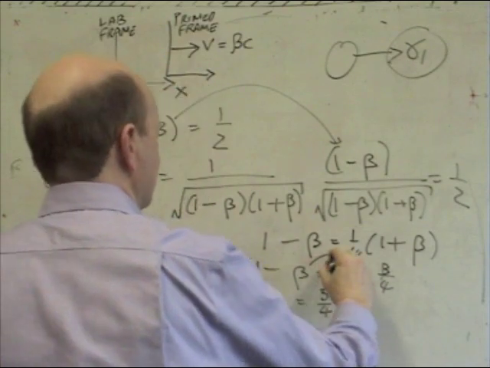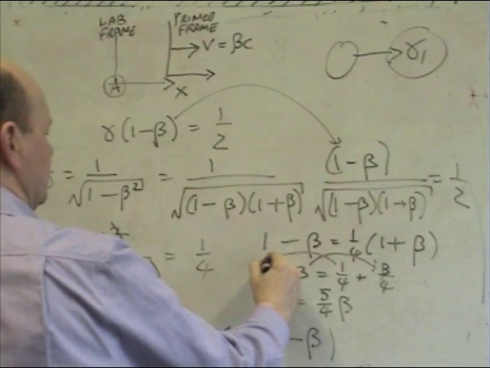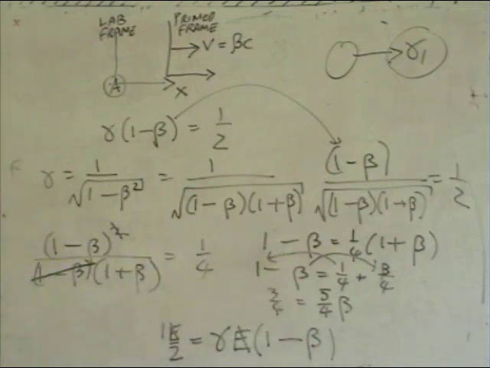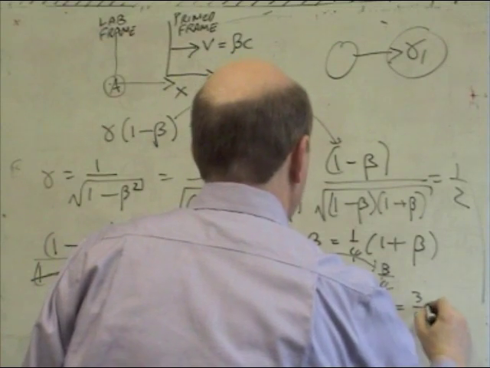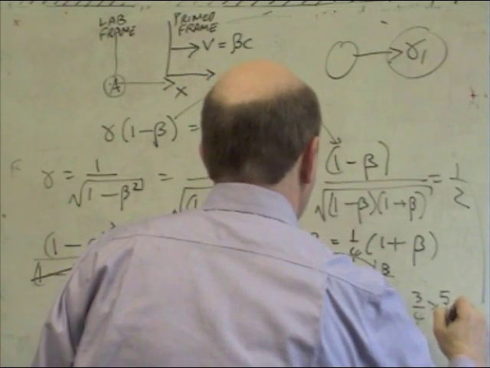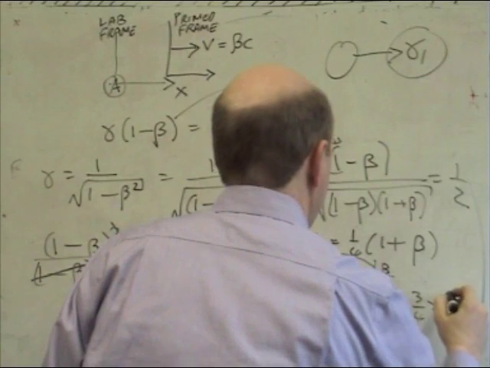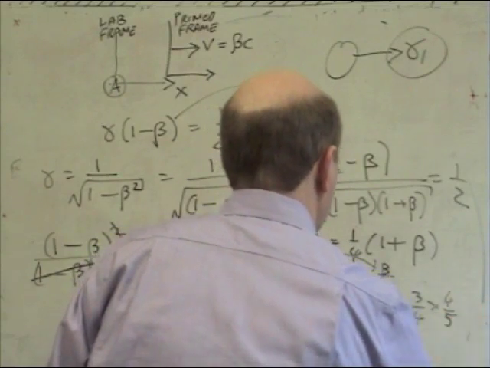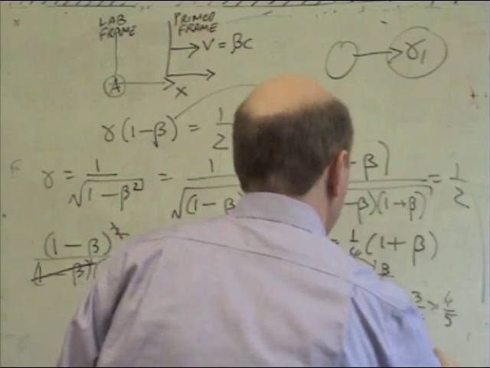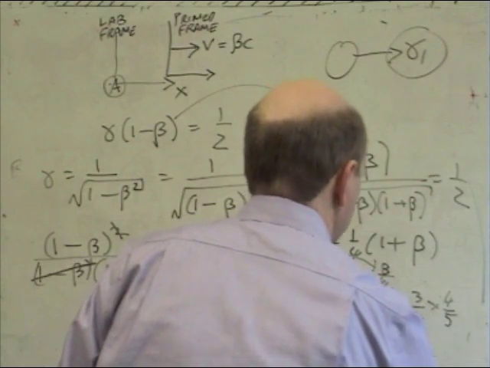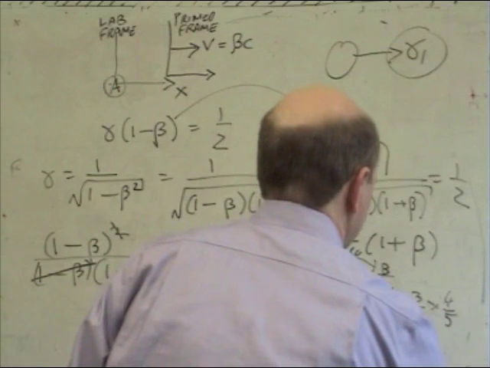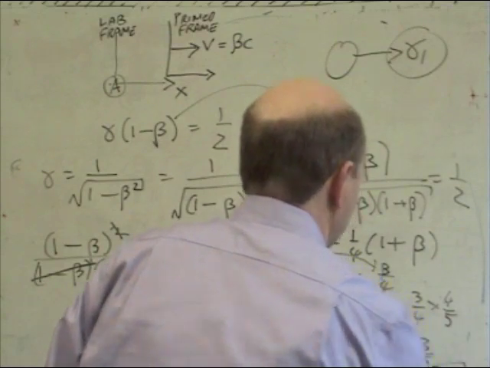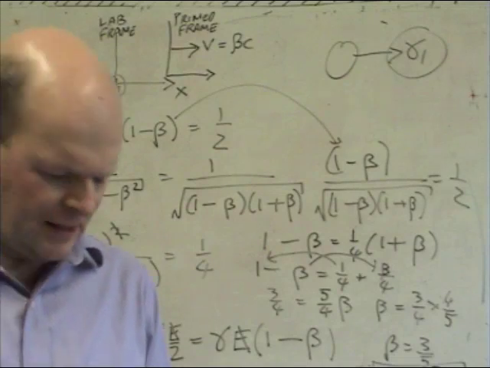What I've done there is move the beta over this side, move the quarter over this side, and then that means that beta equals 3/4 times 4/5, sorry. So that beta equals 3/5, or the velocity of the primed frame with respect to lab is 3/5 of c. And that was the answer I was looking for here.